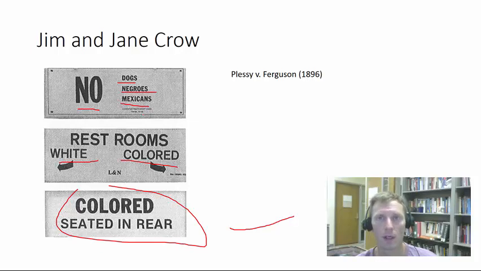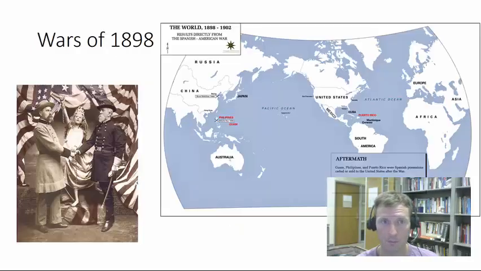The Supreme Court gave the decision that yes, it is legal for states to have separate accommodations as long as they're equal. Everyone knew they weren't equal, but the Supreme Court basically gave its acceptance to this Jim and Jane Crow racial segregation social structure.